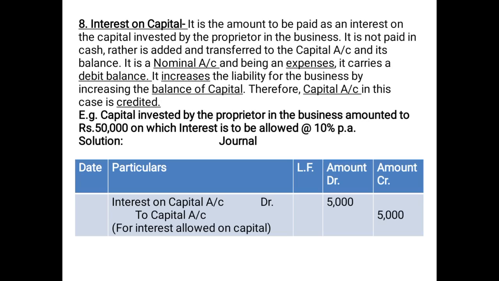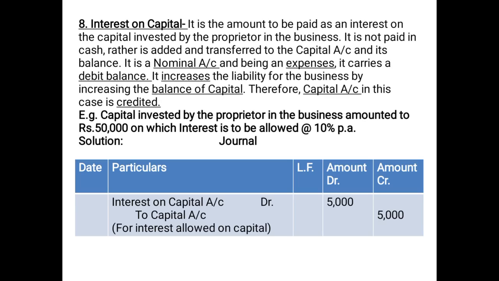Whenever the value of liability increases, it is credited. It is not paid in cash, rather it is added and transferred to the capital account and its balance. It is a nominal account and being an expense, it carries a debit balance. It increases the liability for the business by increasing the balance of capital. Therefore, capital account in this case is credited, as we were discussing.